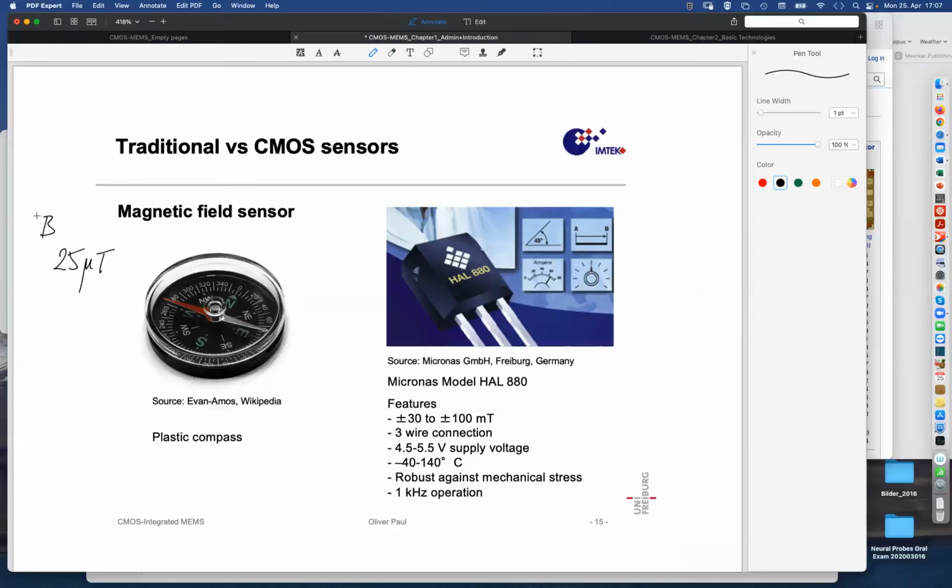So the B, the absolute value of the Earth magnetic field is 25 microtesla. It's not a strong field. But when you expose a magnetized needle that is well hinged, with little friction on some support, then this needle, with its north and south pole, will just orient along the direction of the magnetic field, B.